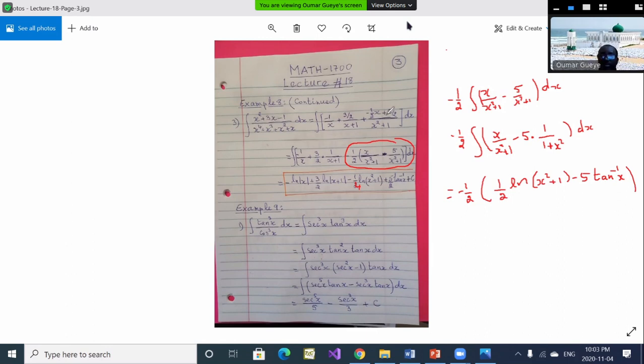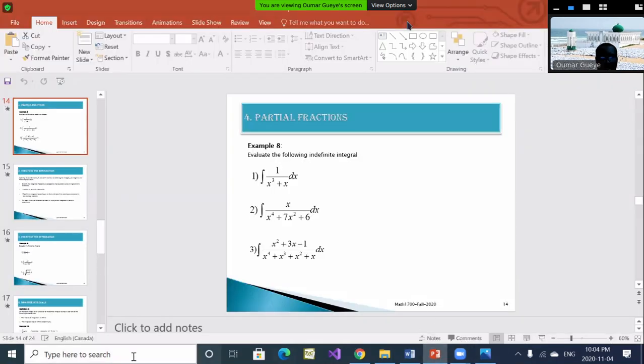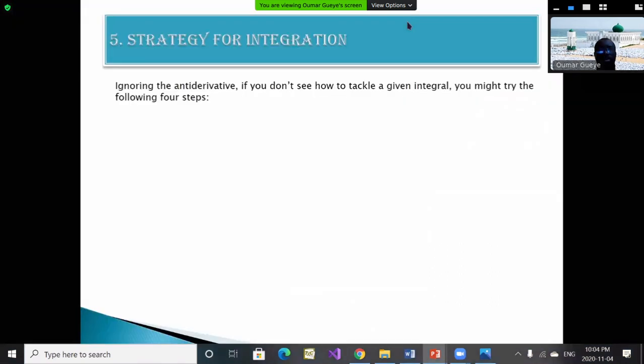All right. So we're done now with the partial fractions technique. And to conclude, I'm just going to give you some advice about choosing the right method when you have an integral, because it's not obvious to find the appropriate method quickly.